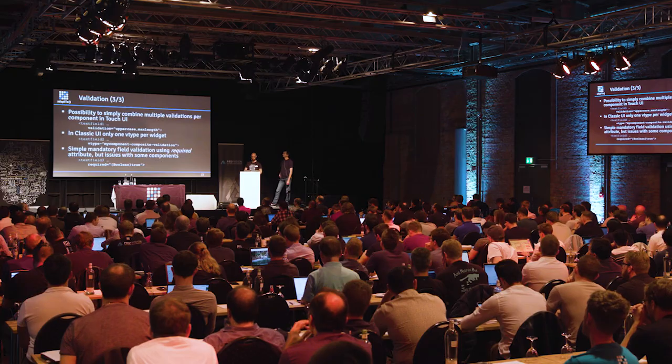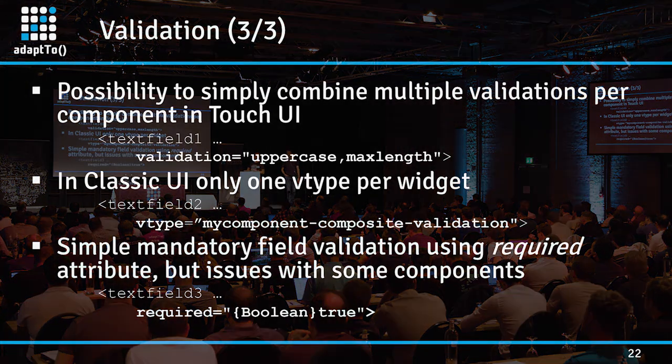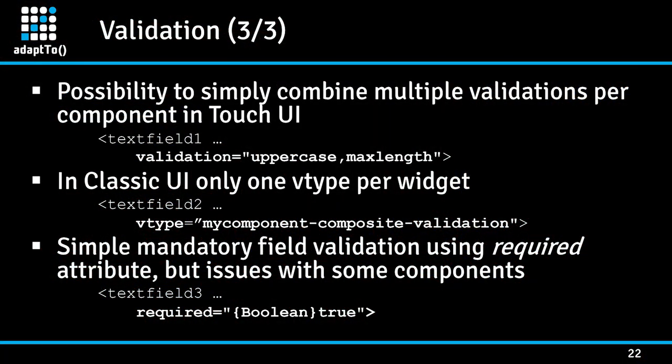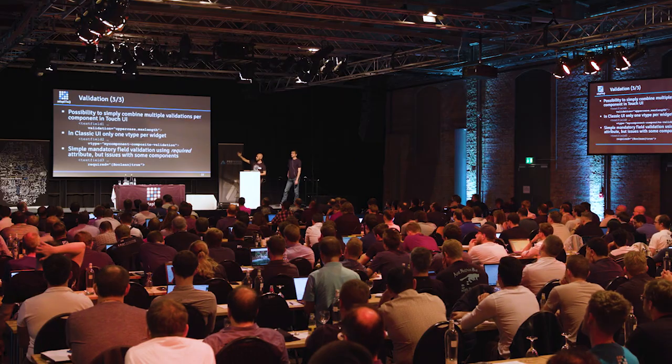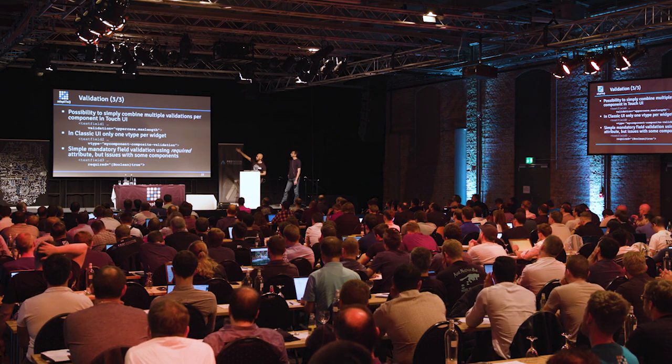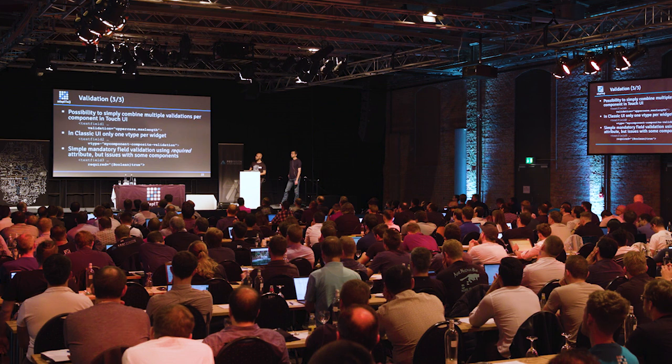And the final aspect in validation. It's also possible to combine multiple validations per component in TouchUI, something that you could only do in Classic UI by creating a wrapper, a macro validator, which would contain a combination of your validators. In this case, TouchUI gives us the possibility to have, for instance, our uppercase validator that we saw before and, for instance, a max length validator. You just need to comma separate them and then assign them to the validation.